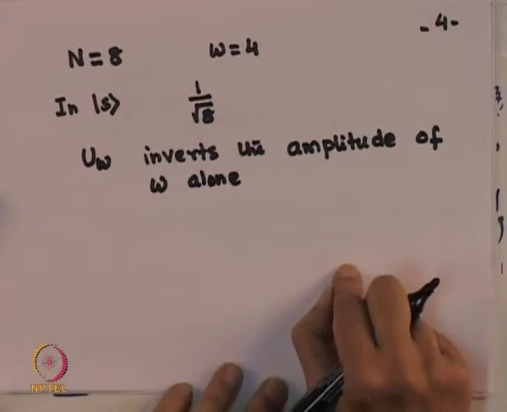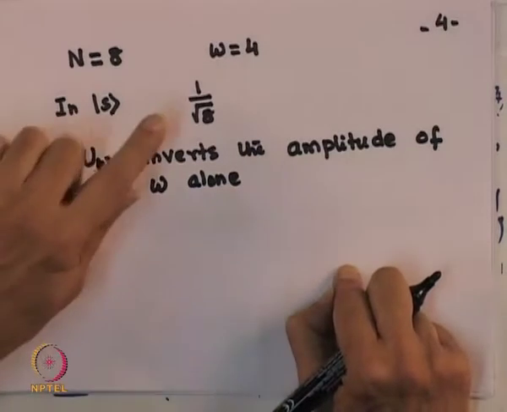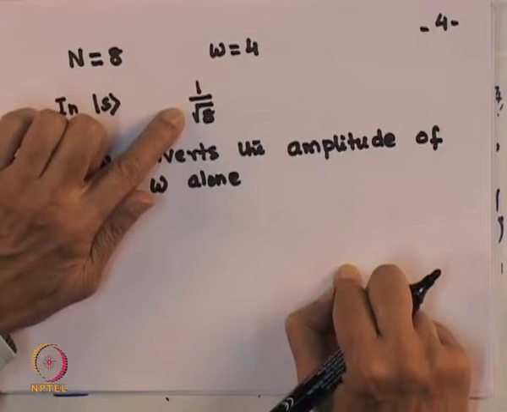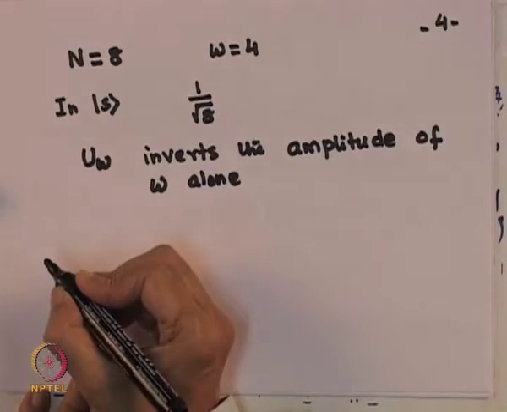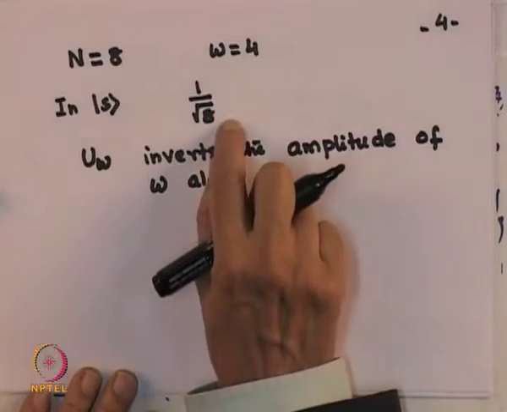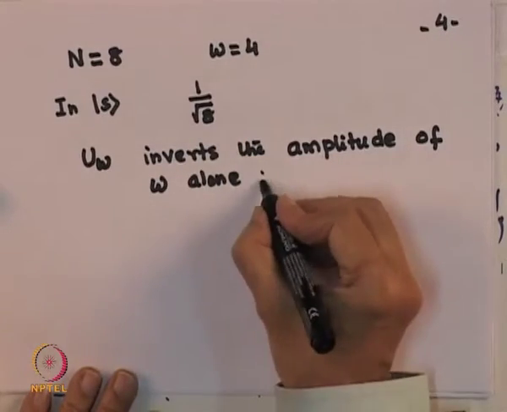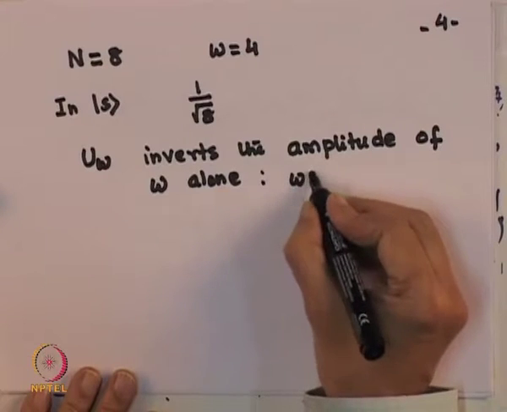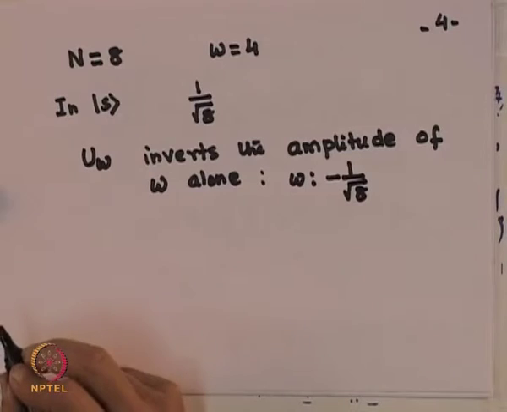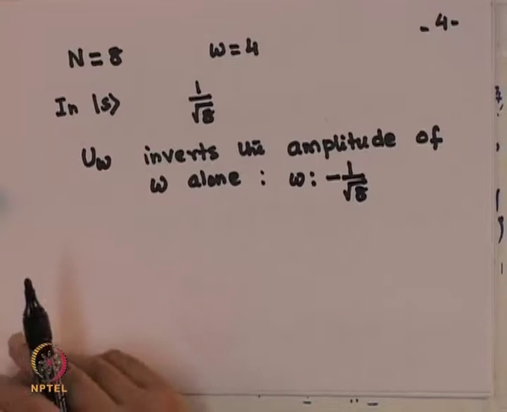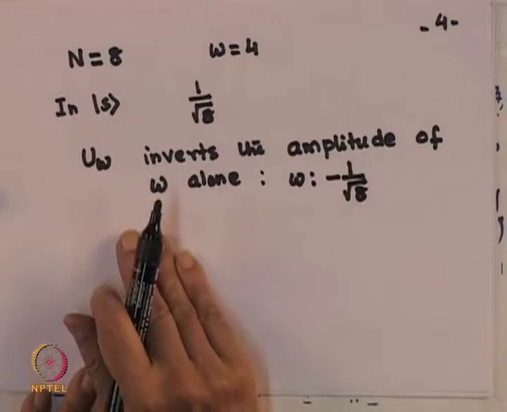Since my starting point was 1 over square root of 8, after application of UW the amplitude of W becomes minus 1 over square root of 8. All others still remain 1 over square root of 8.